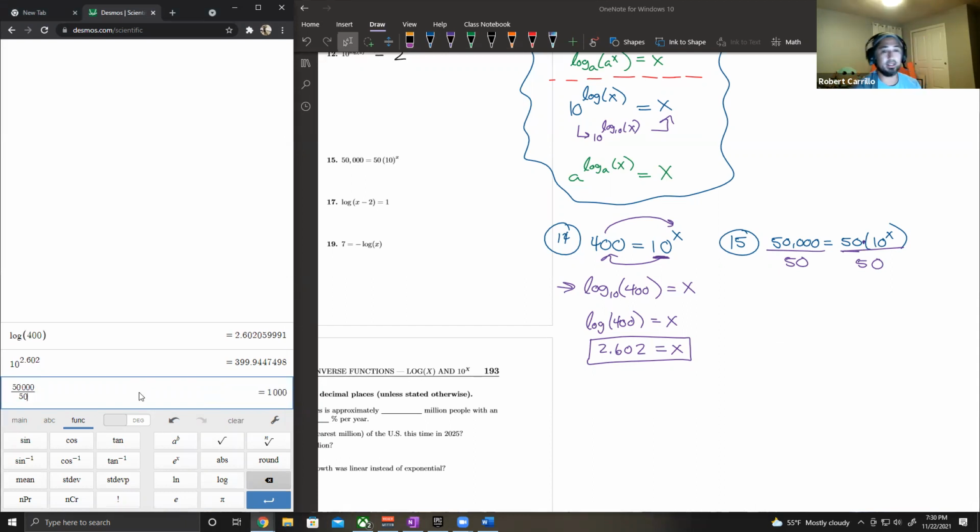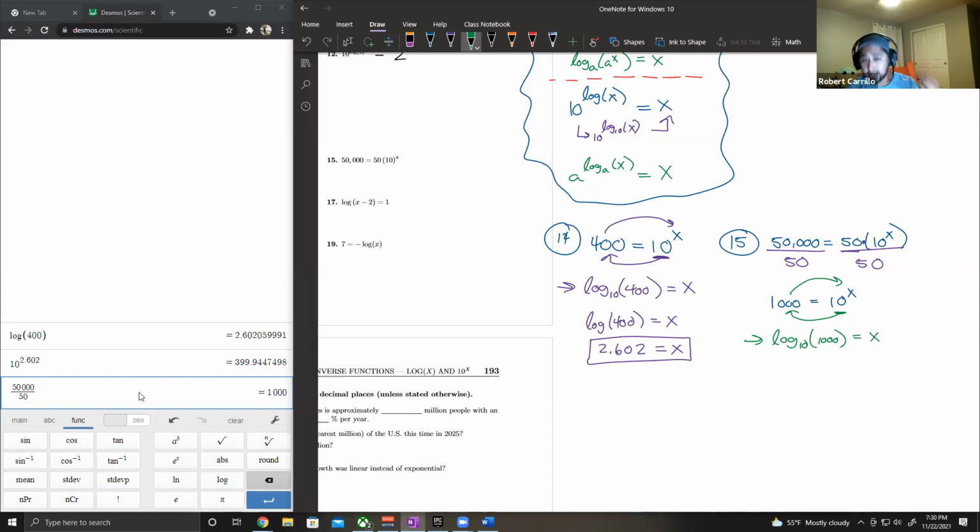50,000 divided by 50 gives me 1,000. So we get 1,000 equals 10 to the x. Okay, now we need to get that exponent down. So we're going to convert to log, to the common log. So once again, this base will become the base of my logarithm. So you'll have log base 10 of the outside number of 1,000 set equal to the exponent of x.